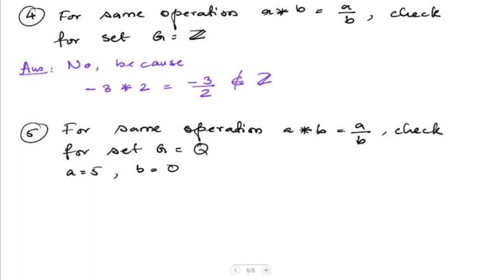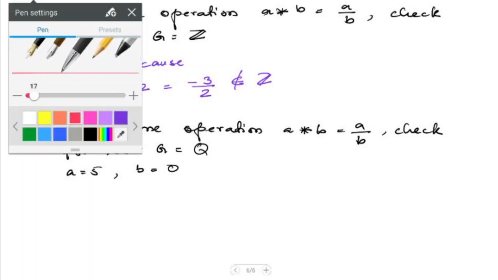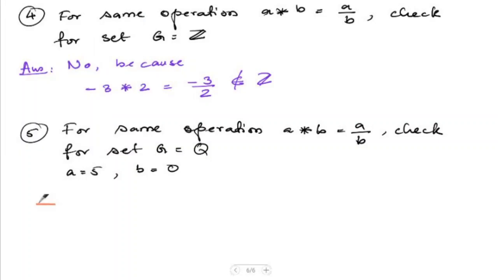The answer a divided by b will not be a part of the set g, which are rational numbers, right? So the answer will again be no, because 5 star 0 is equal to 5 divided by 0, which is not an element of rational numbers.